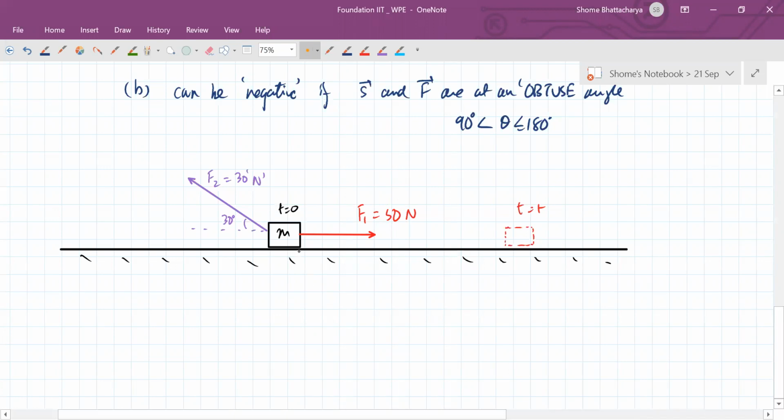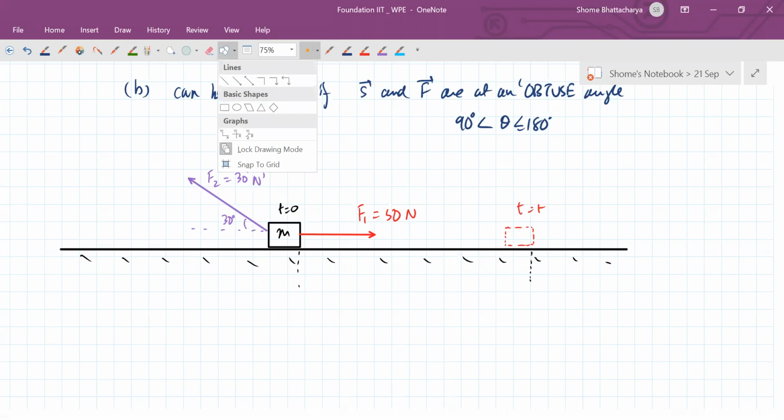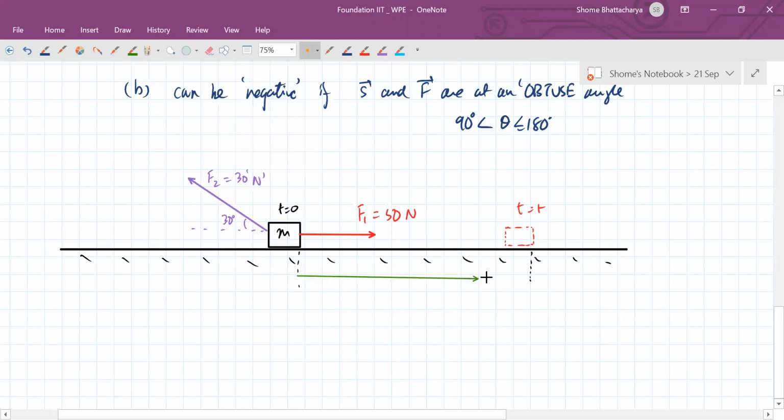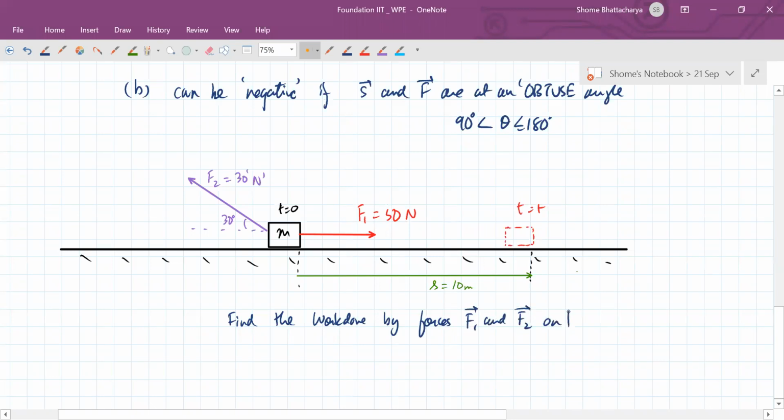Let's say the displacement vector from here to here is 10 meters. So we want to find the work done by forces F1 and F2 on the block.